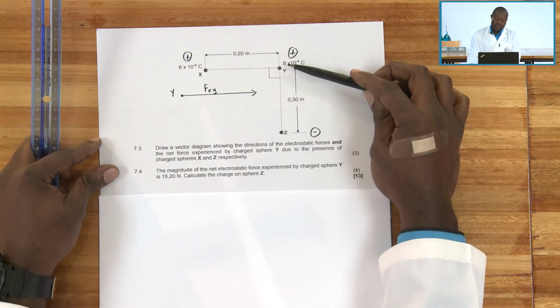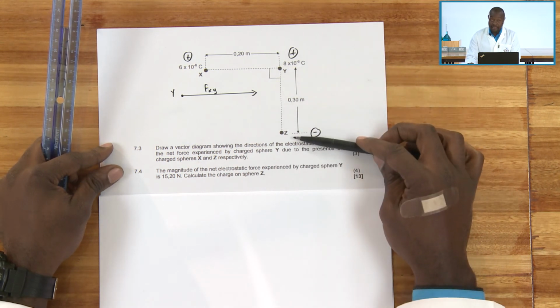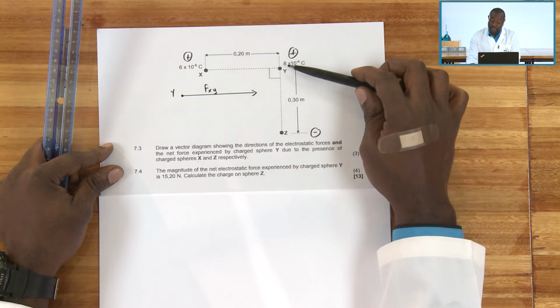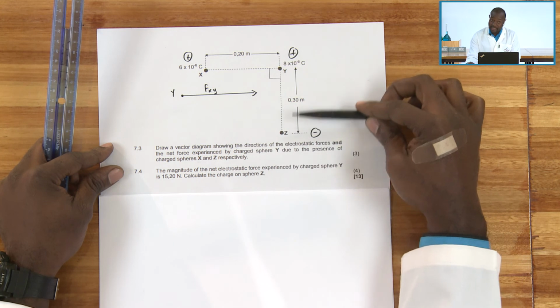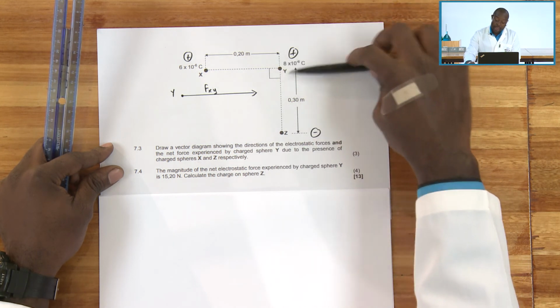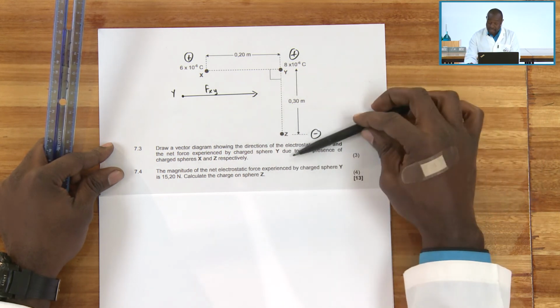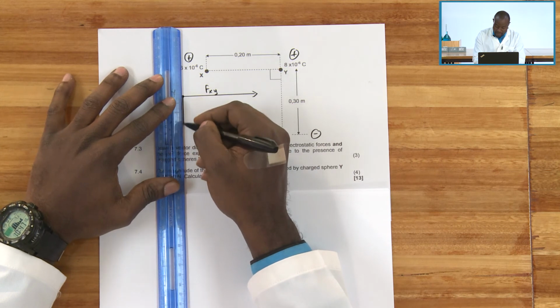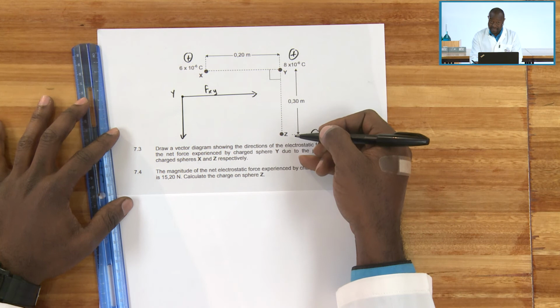So we know that our Y is a positive charge and our Z is a negative charge. Therefore, what is the direction of the force that Y is going to experience as a result of the charge on Z? We know that Y is going to be attracted towards Z because they are unlike charges. It means, therefore, that Y experiences a downward force towards Z because of that attraction.